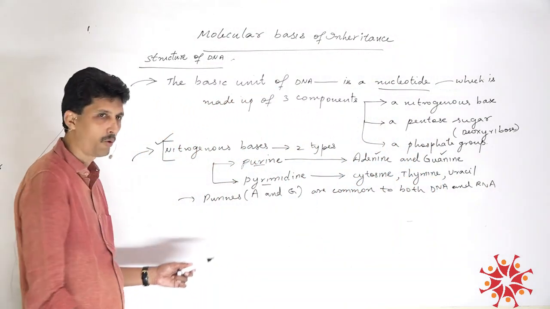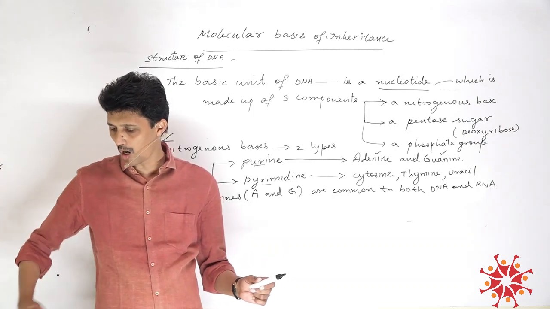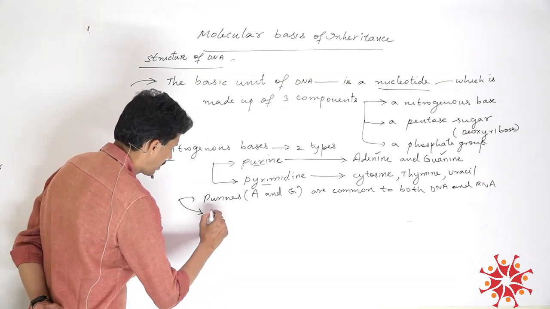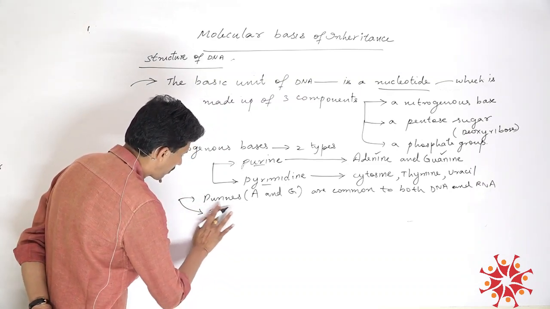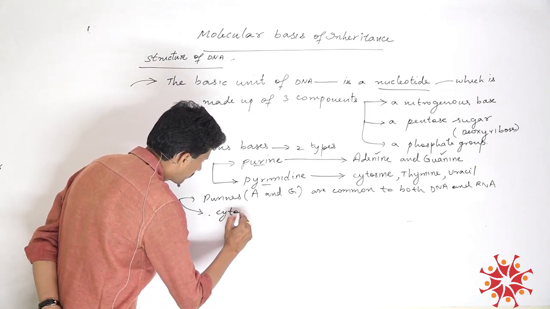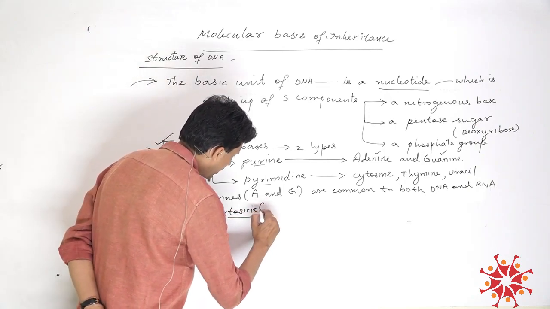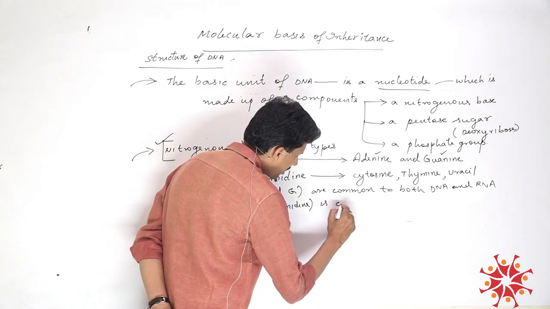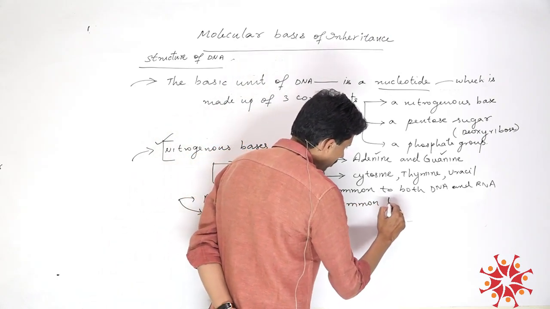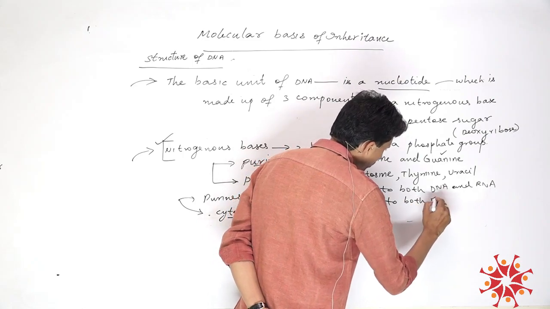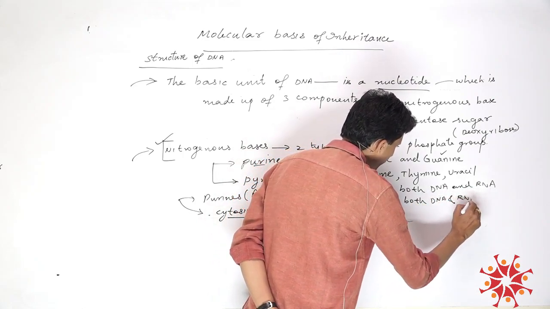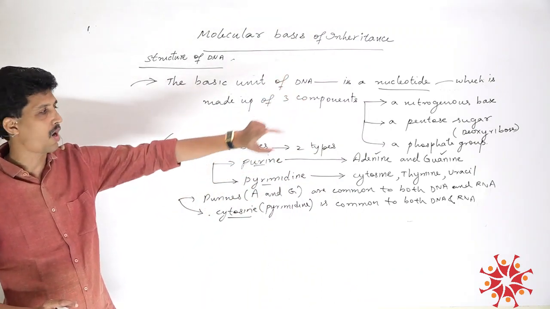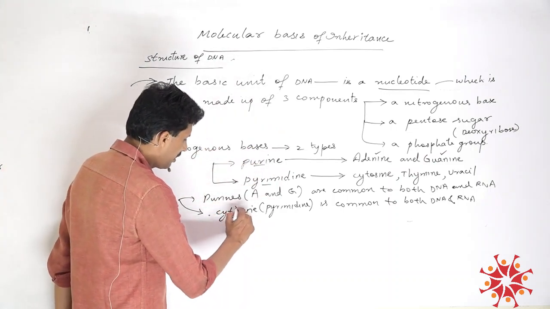But the pyrimidine cytosine is common to both DNA and RNA.